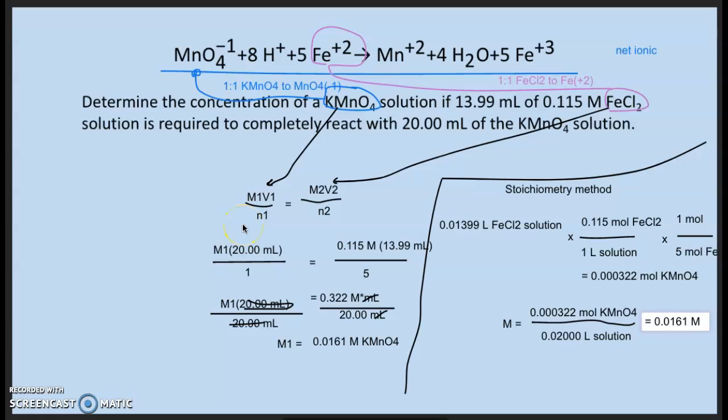Without that, this is just a dilution problem, and dilution problems are not always accurate. It implies that it's a 1-to-1 ratio of the two things that you're comparing, which isn't always the case.